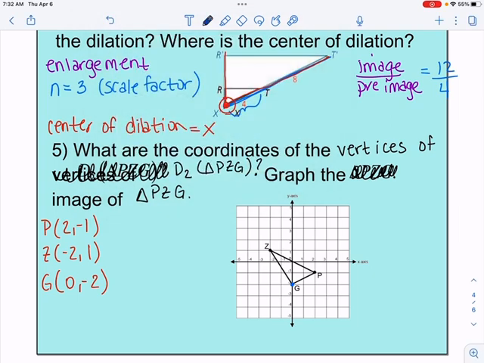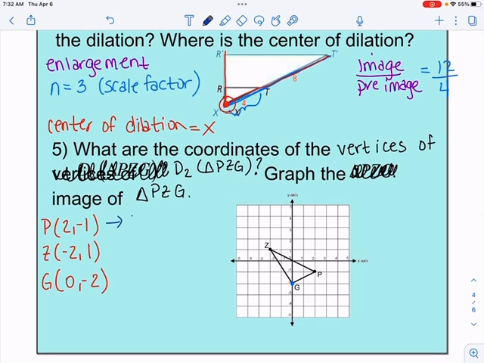And now if I want to dilate that by 2, again, all I'm going to do is take every piece and multiply it by 2. So 2 times 2 is 4. -1 times 2 is -2. For Z, -2 times 2 is a -4, and 1 times 2 is a +2. And then for G, 0 times 2 is 0, and -2 times 2 is -4.